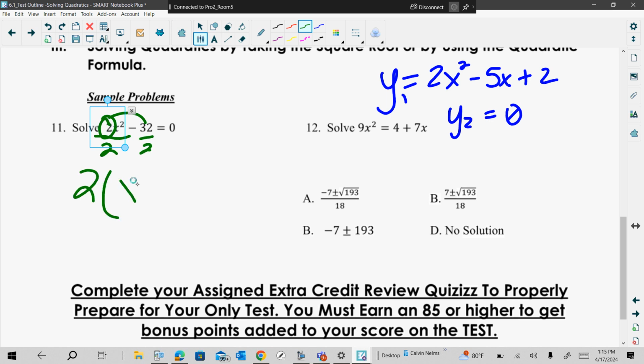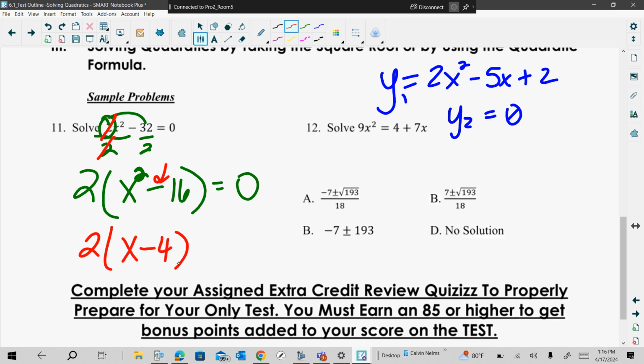That would give you x squared minus 16 equals 0, because the 2's will cancel right here. And then you can see this is a difference of squares. So whenever I have a subtraction between two perfect squares, it's x minus 4 and x plus 4.